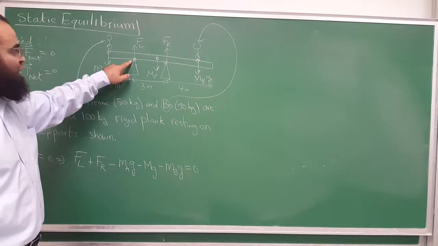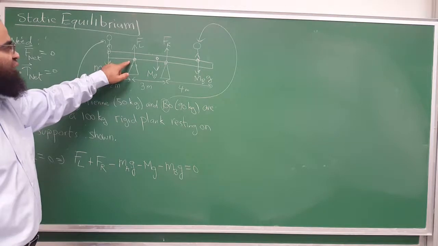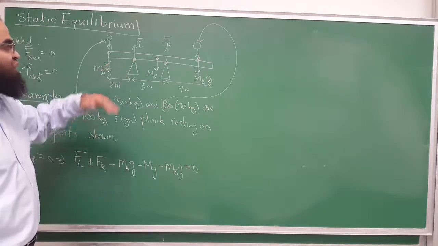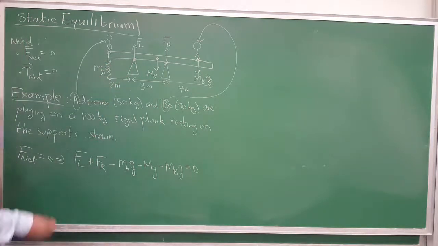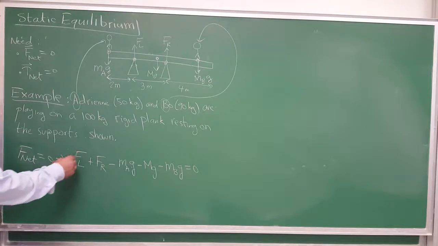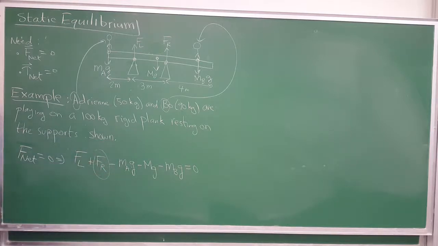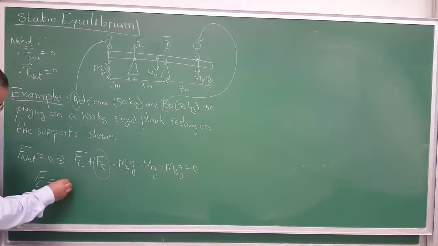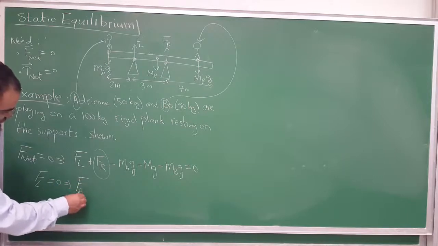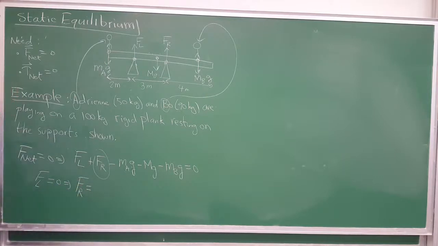That means the force from the left support will be 0 if it's about to tip. So if that's the condition, we conclude that the force from the left support is 0, and therefore the force from the right support will be what?